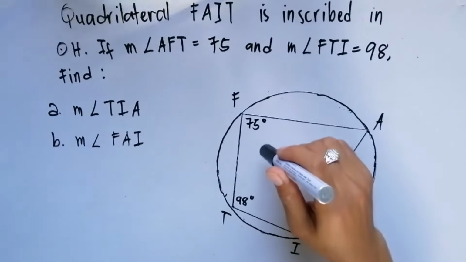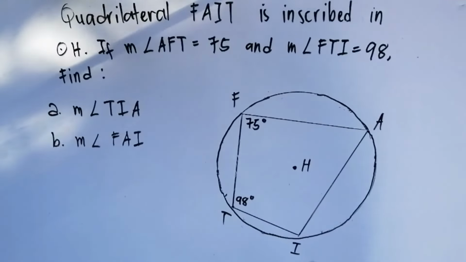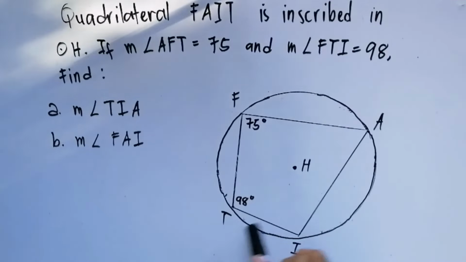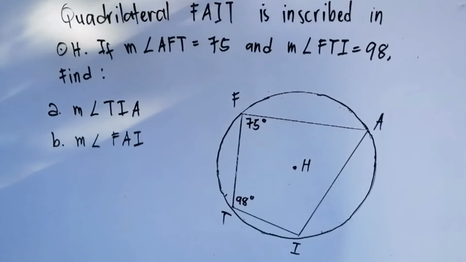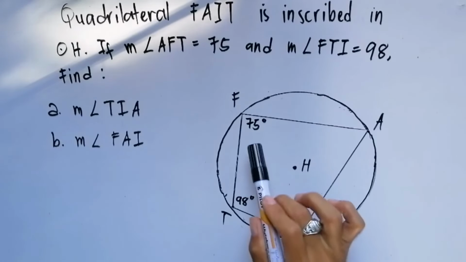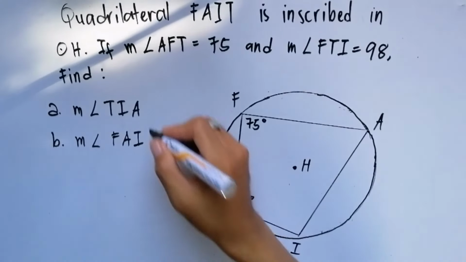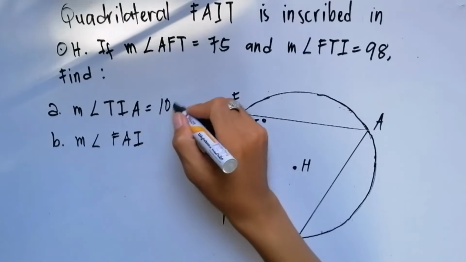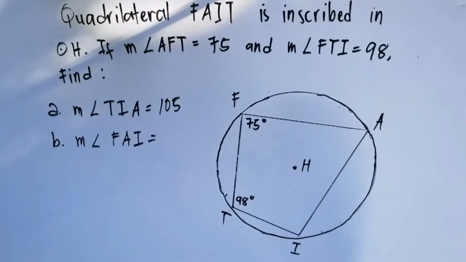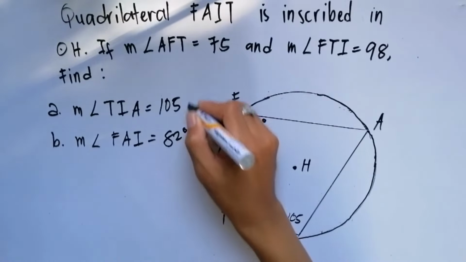The opposite of angle F is angle I, and the opposite of angle T is angle A. So 180 degrees minus 75 is equal to 105, and that is the measure of angle I. For angle A, 180 degrees minus 98 is equal to 82 degrees.